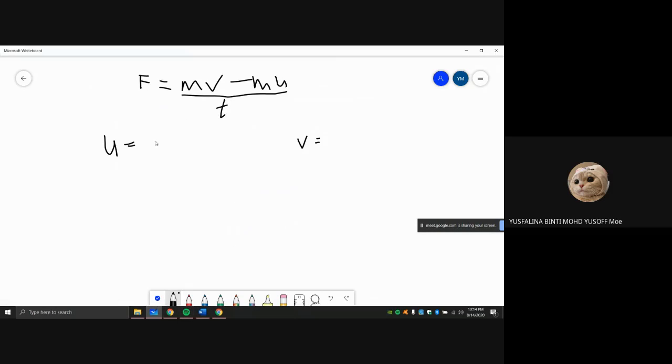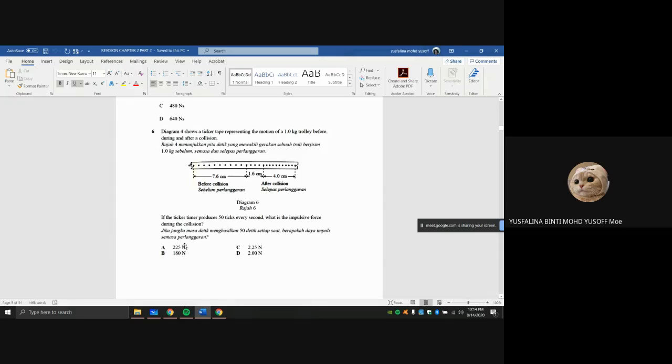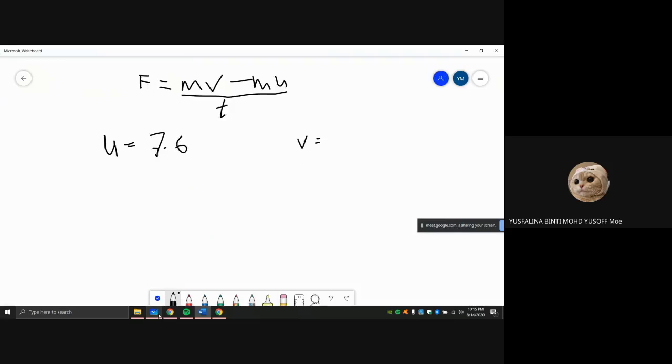The length here is 7.6, but you can see they use the unit Newton, so you have to change the cm to meter. 7.6 divided by 100, so you got 0.076. I change to meter.